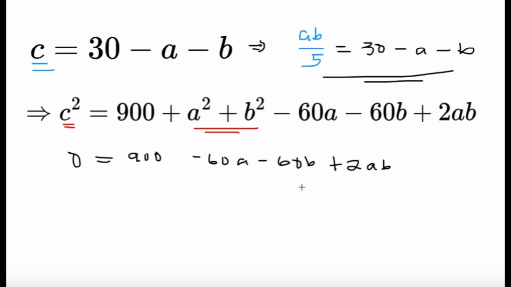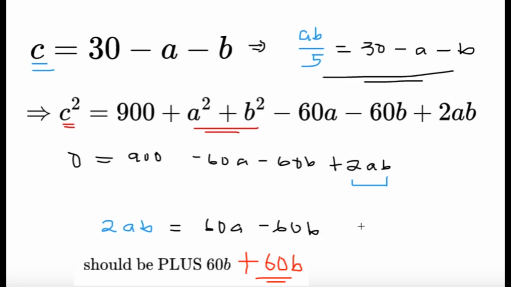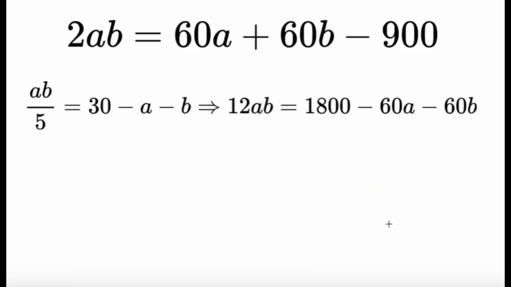We can start by solving for 2ab: 2ab equals 60a plus 60b minus 900, and we can easily see that from this.